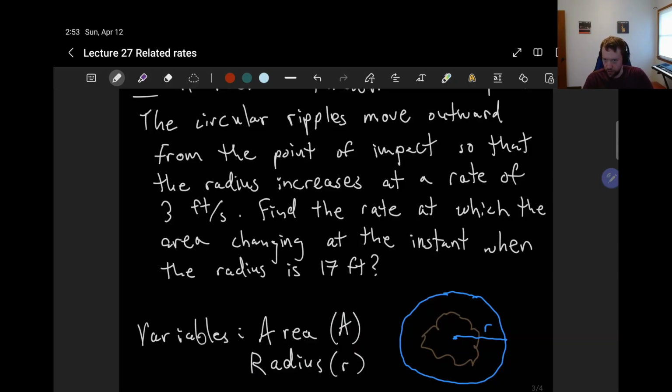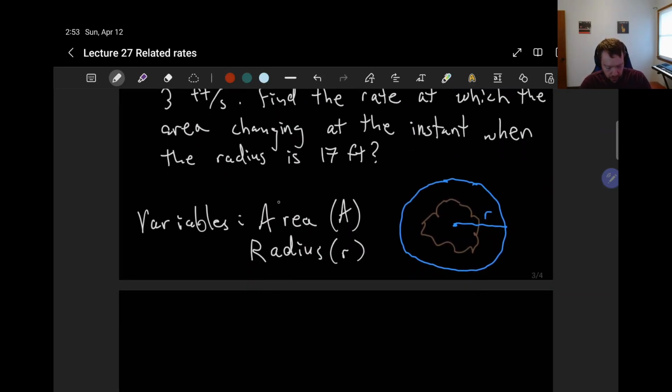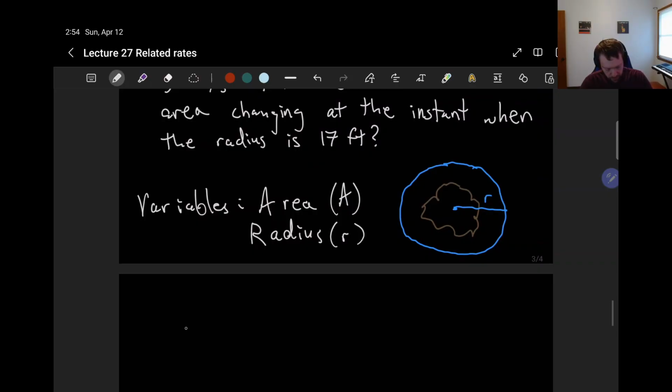And there's technically time as well, but I'm not going to write that, because these are the things we need to relate, and time is implicitly related to these. So how do area and radius relate for a circle? Well, it's good to know that old formula. The area of a circle is A equals pi r squared. Pi being a particular number, which your calculator should have if you have a scientific calculator. So this is the relationship between area and radius of these circular ripples.